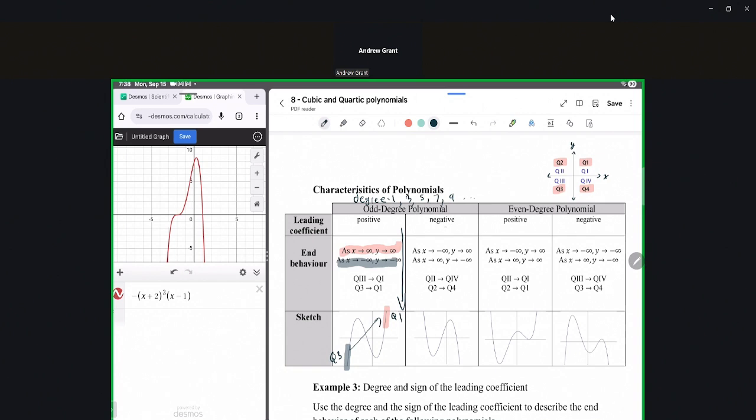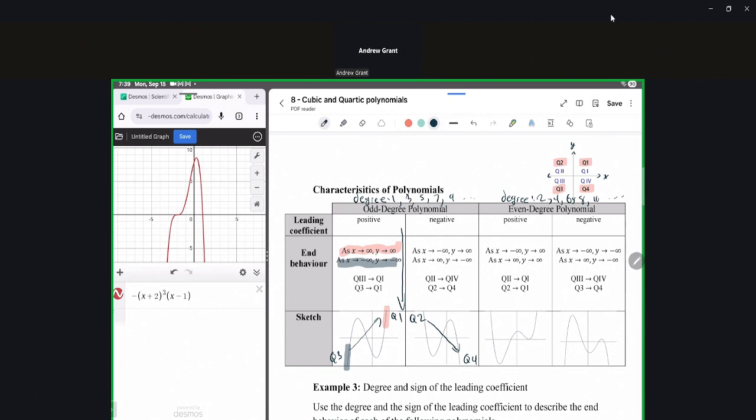When the leading coefficient of an odd degree polynomial is negative, that means it starts in quadrant 2 and it ends in quadrant 4. For even degree polynomials, for simplicity's sake, we'll say degree 2, degree 4, degree 6, degree 8, degree 10, whatever.